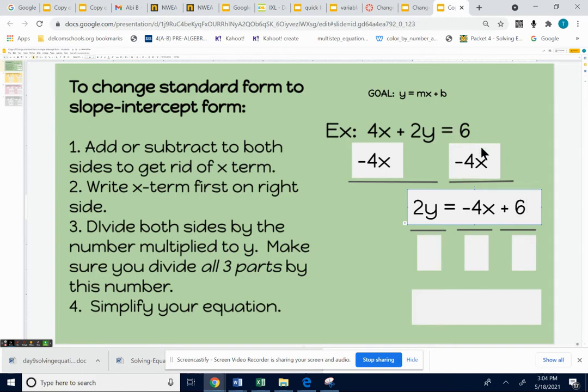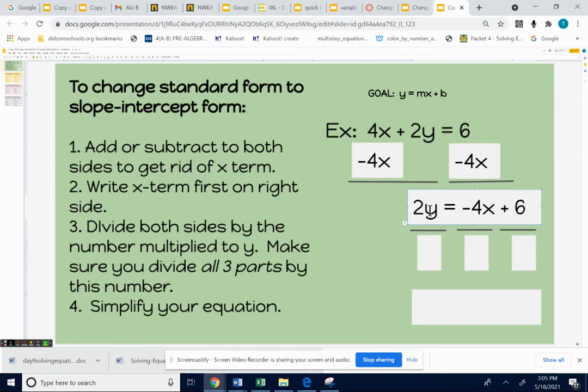I just rearranged it. The negative has to stay in front of the 4x. So the negative 4x is first, and then the positive 6 is at the end. It's going to look better when we're all done. So we have 2y is equal to negative 4x plus 6. So we wrote the x term first when we got rid of the x term.